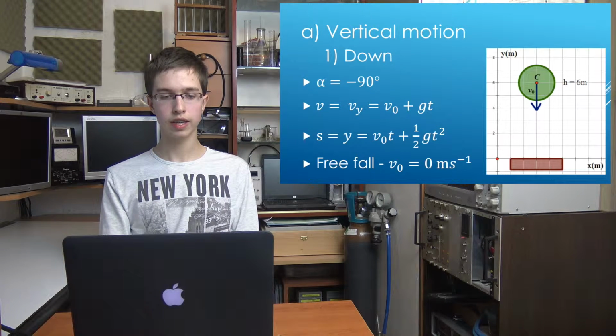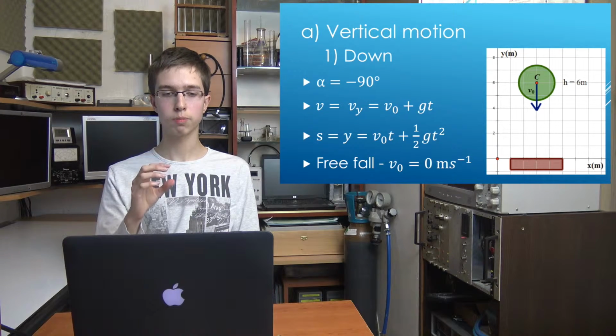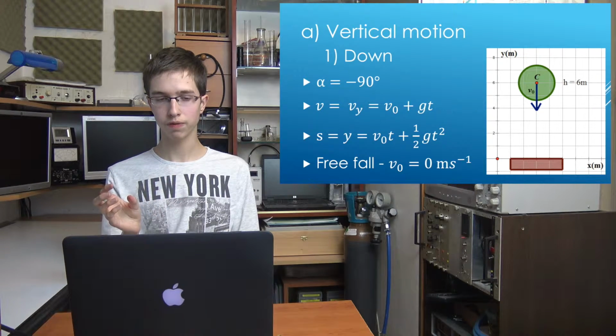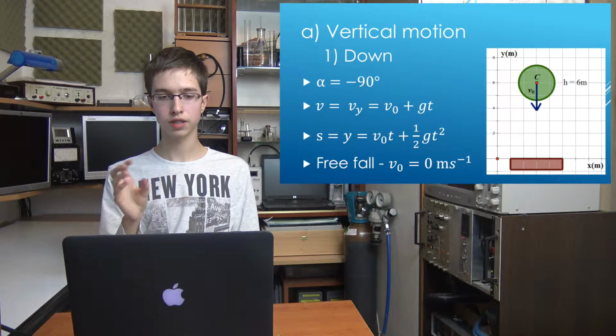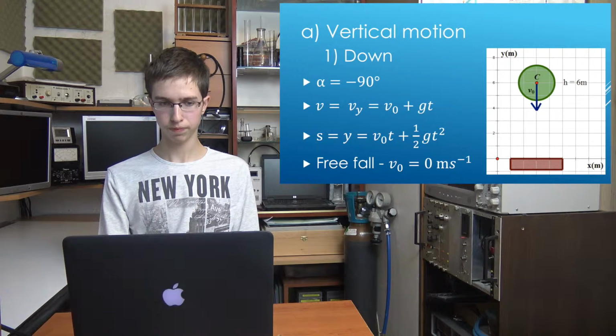So v is equal to vy, which is the sum of the starting velocity plus the product of g times t, so of acceleration times time, and this g is the acceleration of the planet's g-force, so gravitation force.